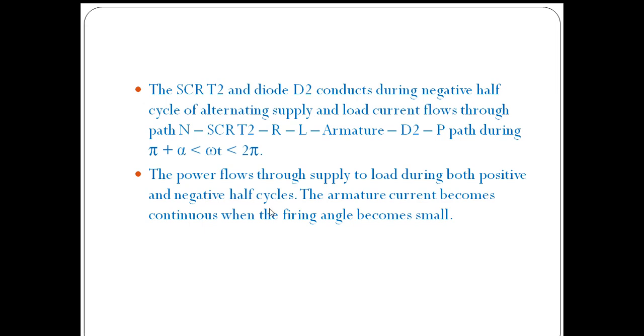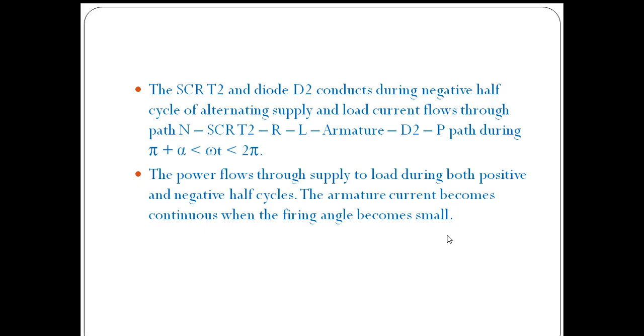So when we are triggering the thyristors T1 and T2, the current will be flowing through the load during positive and negative half cycles. The armature current becomes continuous when the firing angle becomes small. At the earlier period, when we are turning on thyristors, we will get continuous current at the armature circuit, at the load end.